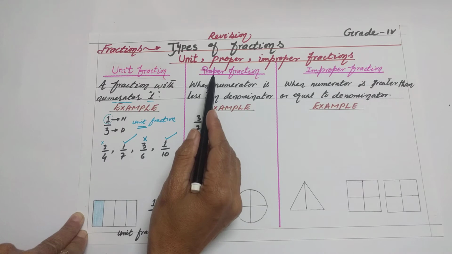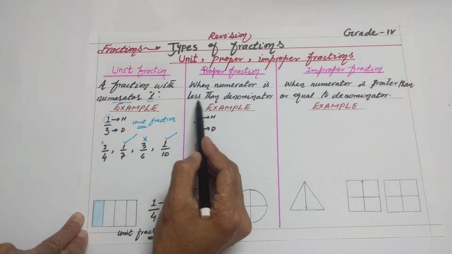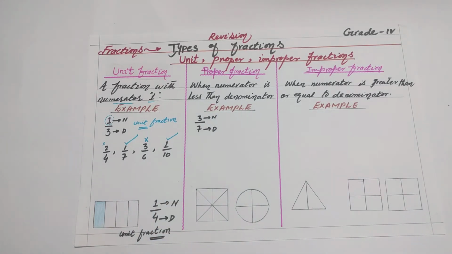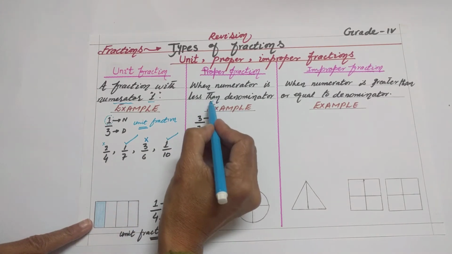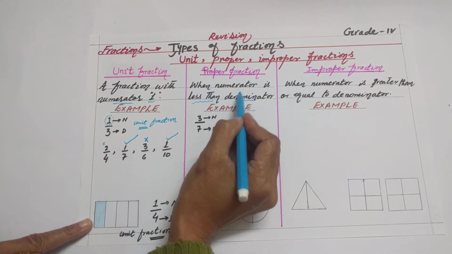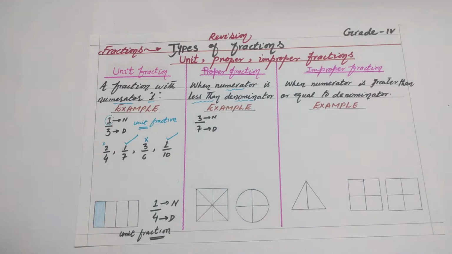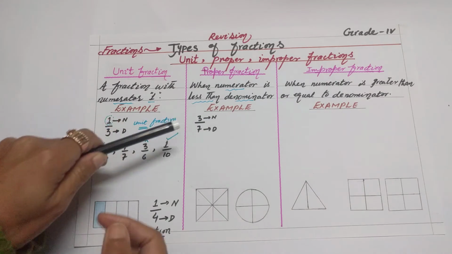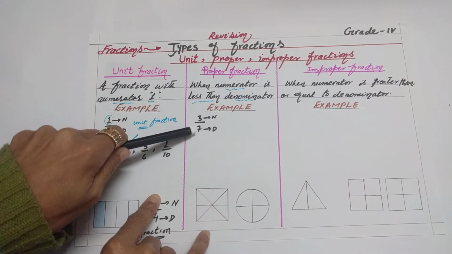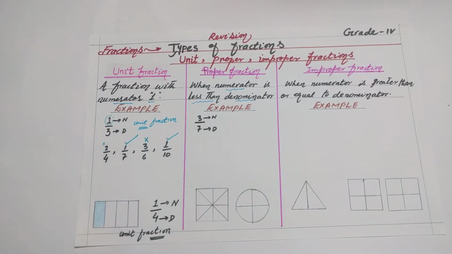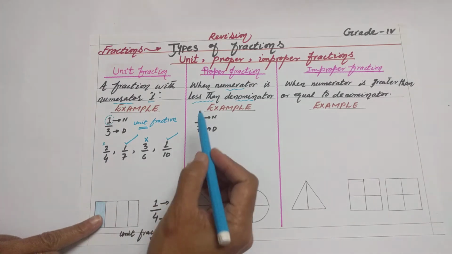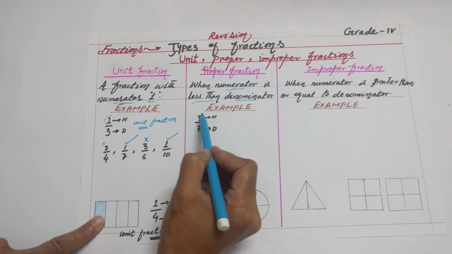What is the condition for a proper fraction? Numerator is less than denominator. Less than means smaller. Here, as I have 3 in the fraction as a numerator and 7 as a denominator, 3 is less than 7.